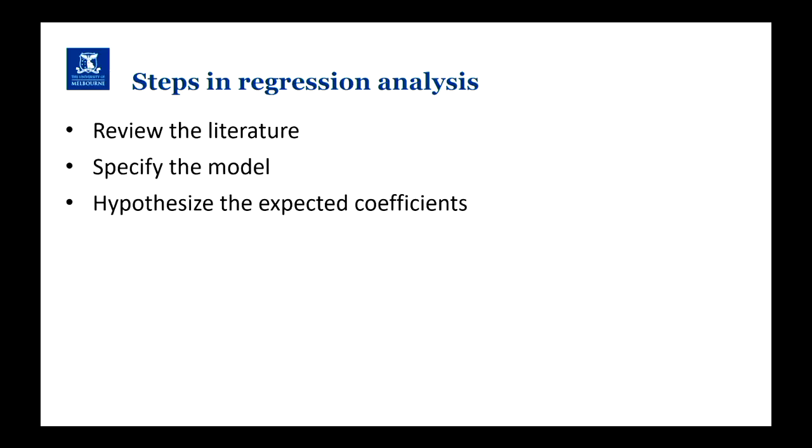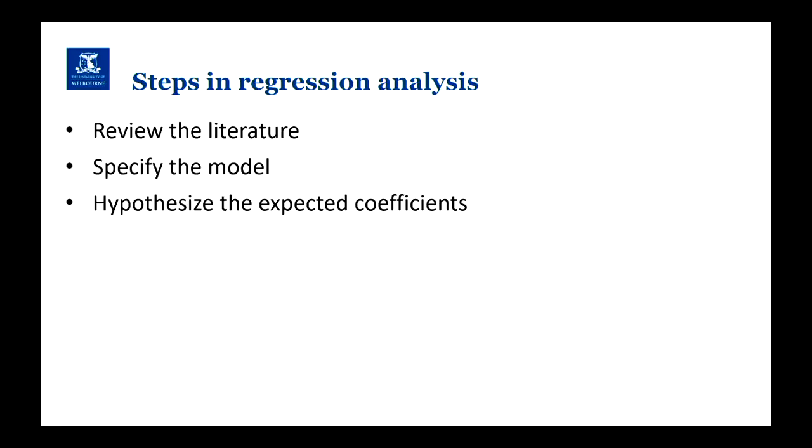So, for example, if we are going to estimate the house price and the number of bedrooms, then before running the model, we should have our own judgment based on the previous literature or based on our experience.